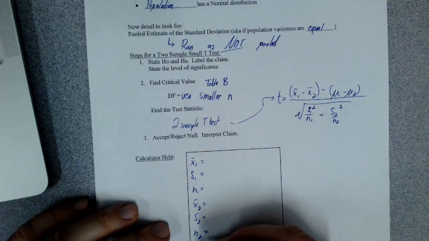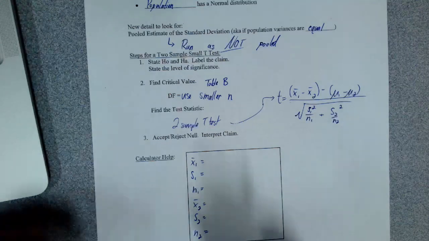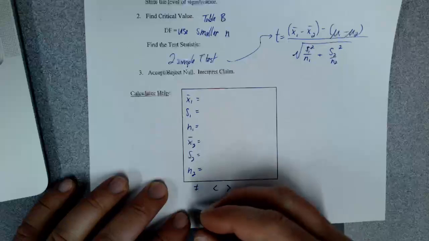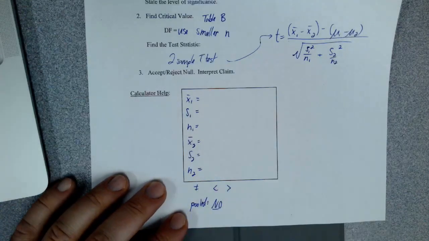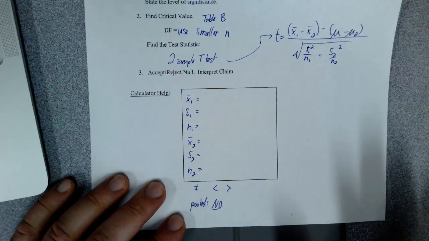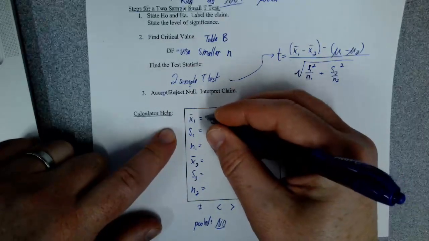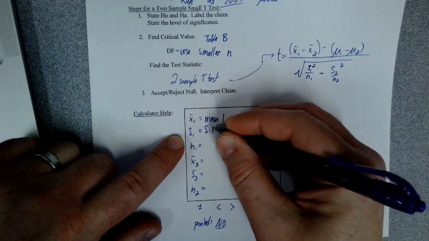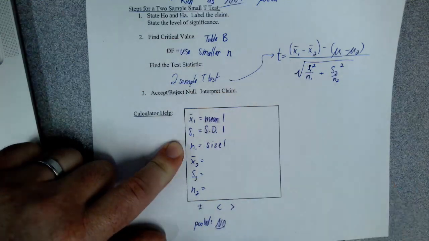And then on the bottom, you are going to select, as always, what kind of test we're using by using the mark for our alternative. And now the new one, it's going to pick pooled, yes or no, and you want to pick no. Okay, just, as I mentioned earlier, just leave that as not pooled, and it'll make it easier because it will be one less thing to worry about. Okay. All right, so just labeling these: mean from sample 1, standard deviation from sample 1, and the sample size from number 1.